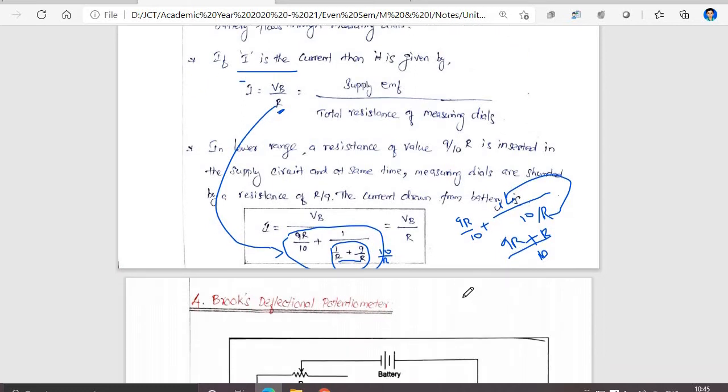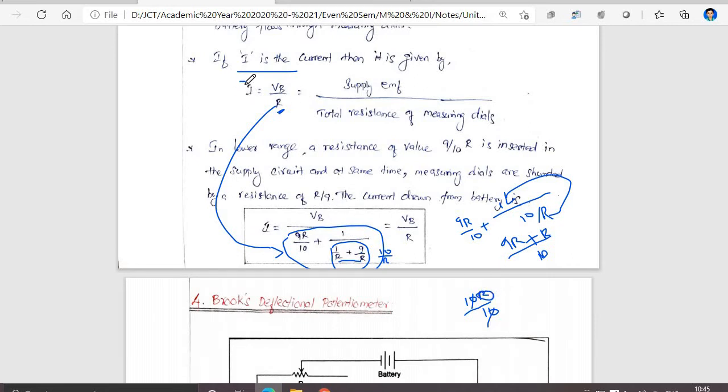So 9R plus R is 10R divided by 10. You can cancel the 10 and 10, so here the value of the resistance is R.